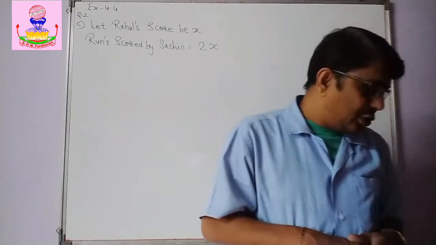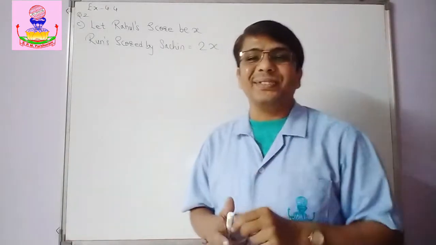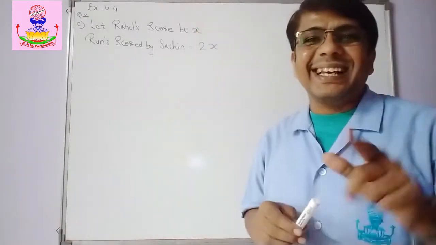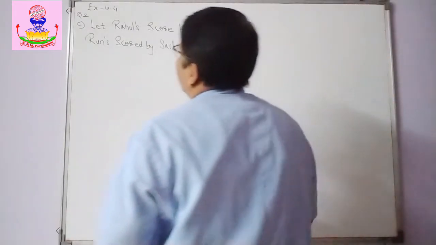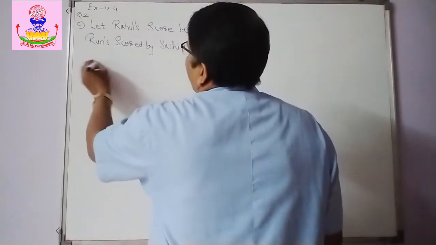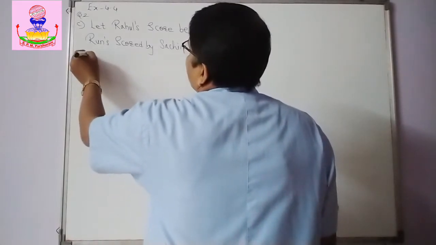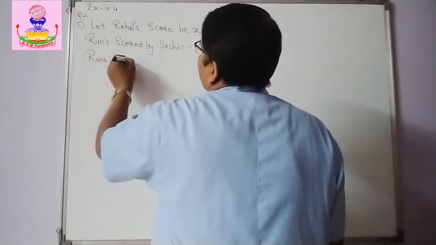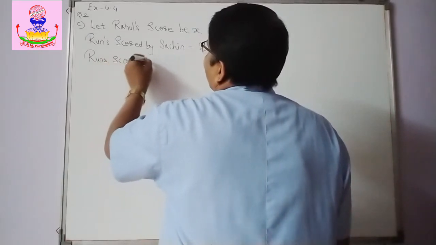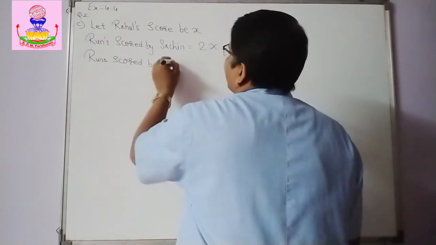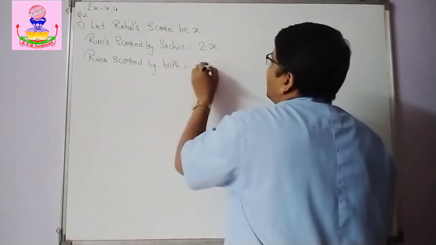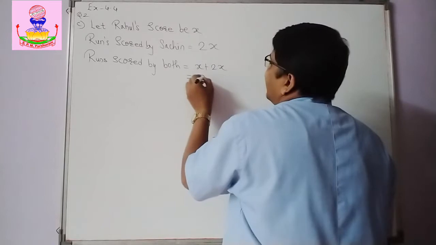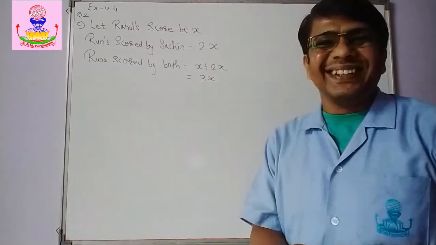Now, what they say, together their runs fell too short of a double century. So together means addition, right? So runs scored by both, what will you do? X plus 2x. So that is 3x. Okay.